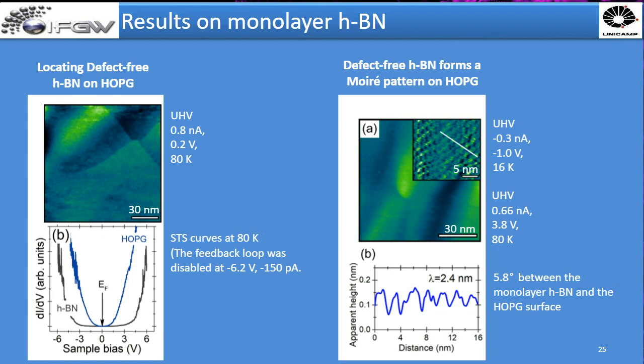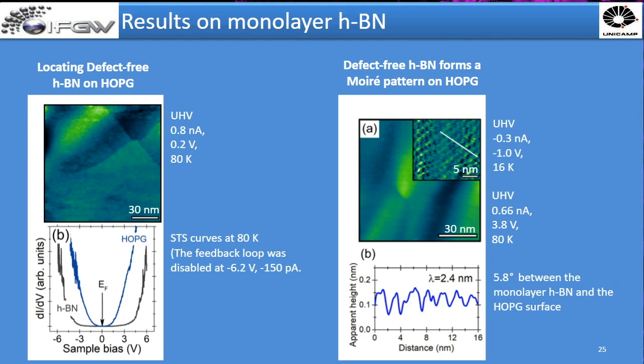And we observe that in some cases we managed to see the HOPG, so we managed to find some of these windows, and in the vast majority of the sample regions, we had a large band gap, and we are therefore on the HBN monolayer.